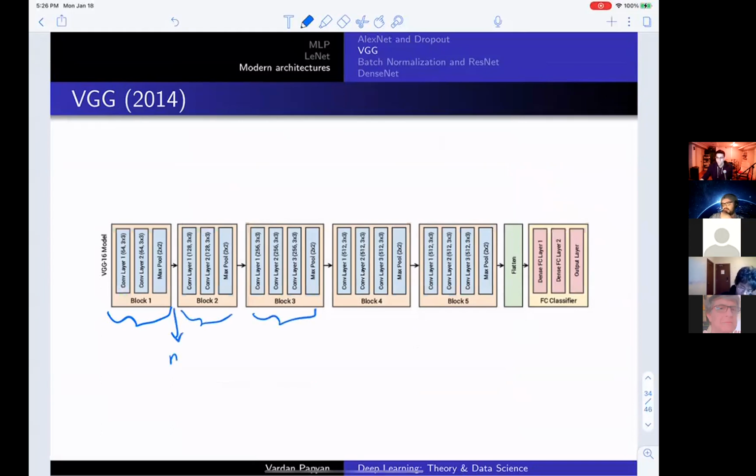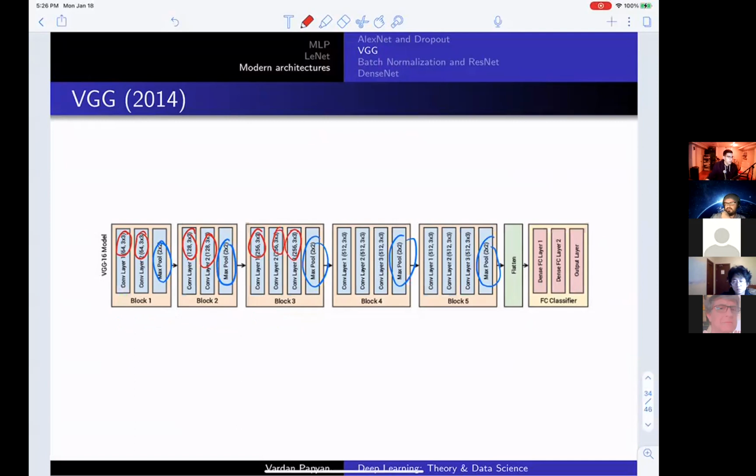So each time you have a max pooling, it's defined to be a different block. And you can see again, the first layer has convolution, 64 channels, convolution, 64. Then you have convolution 128, 128, 256, 256, 256, and so on, right?